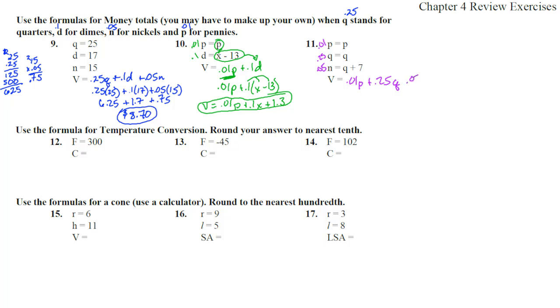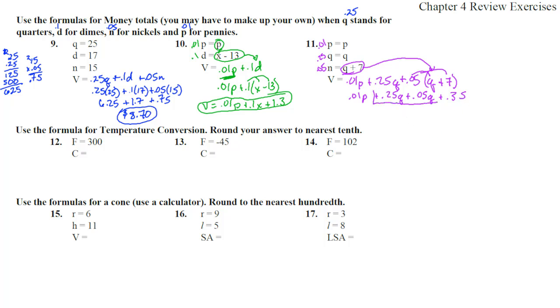And then 0.05 times the nickels, which are, we're going to stick all that in for the n. Q plus 7. Now we will be able to simplify a little bit. So if we distribute that, we get 0.01p plus 0.25q plus 0.05q plus 35 cents there.